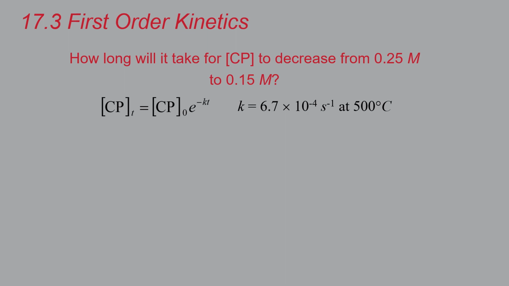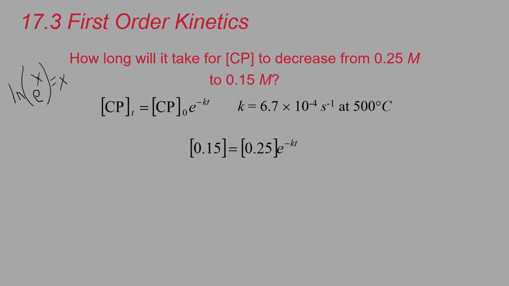And know that this e is undone by a natural log. So if you have an expression e to the x, if you take the natural log of e to the x, you will get x, and that will come into play shortly. So let's set this up.